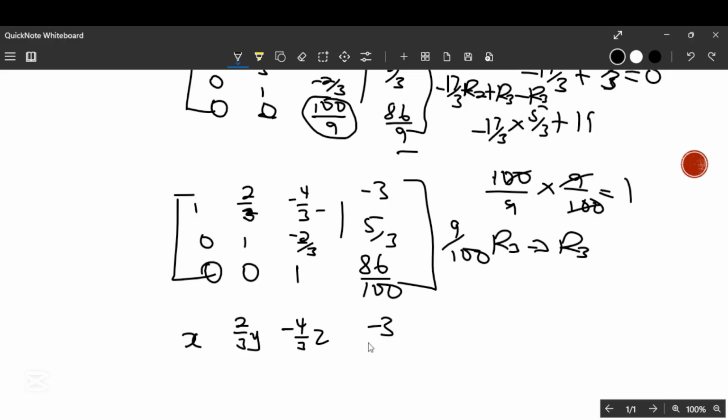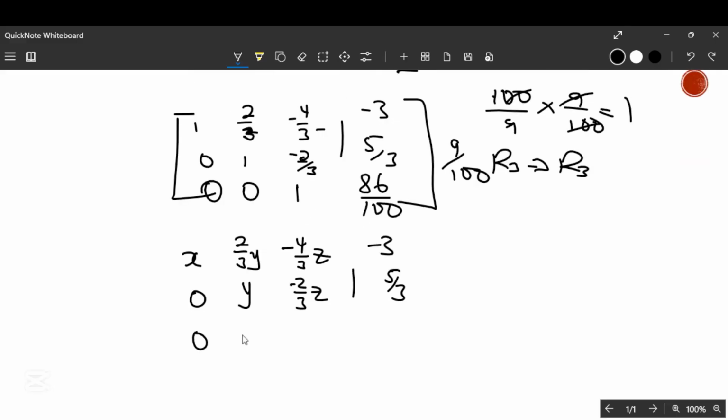And here too we have 0. We have y, and then we have negative 2 on 3 z equals 5 on 3. And this one too we have 0, 0. We have only z here, and it is equal to 86 on 100.